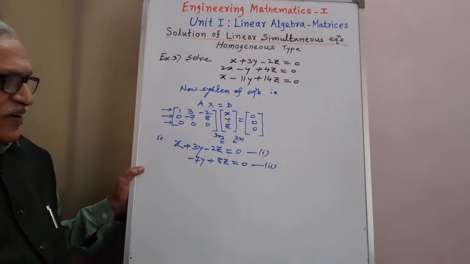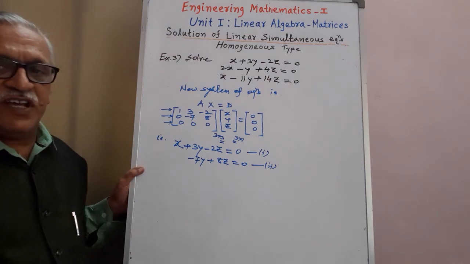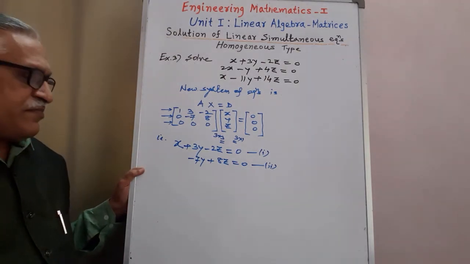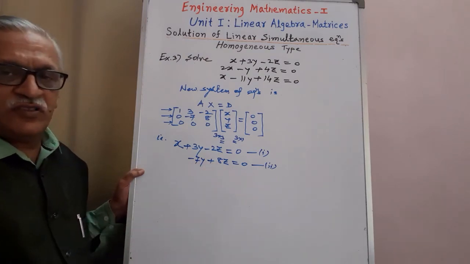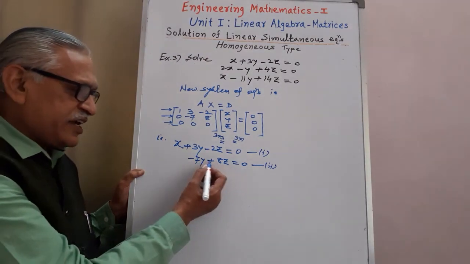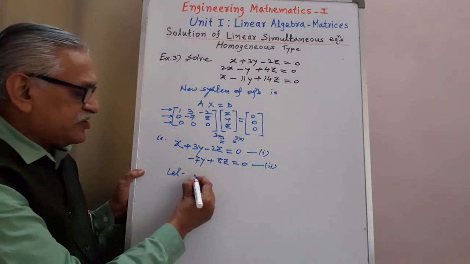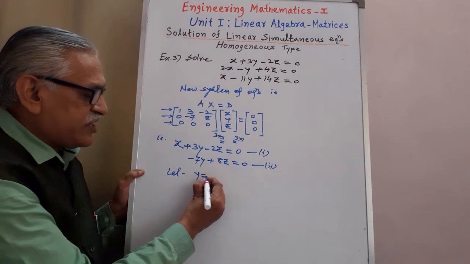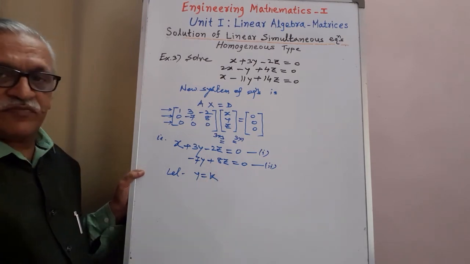To determine the infinite number of solutions, we apply the same technique we used for the non-homogeneous type. Here the last equation contains two unknowns, y and z. Consider any one of them as k. Let us consider y as k, or we can consider z as k.